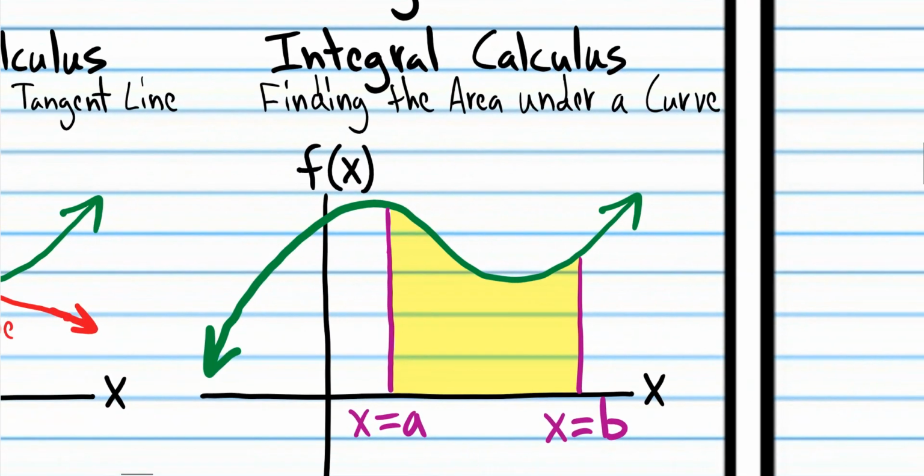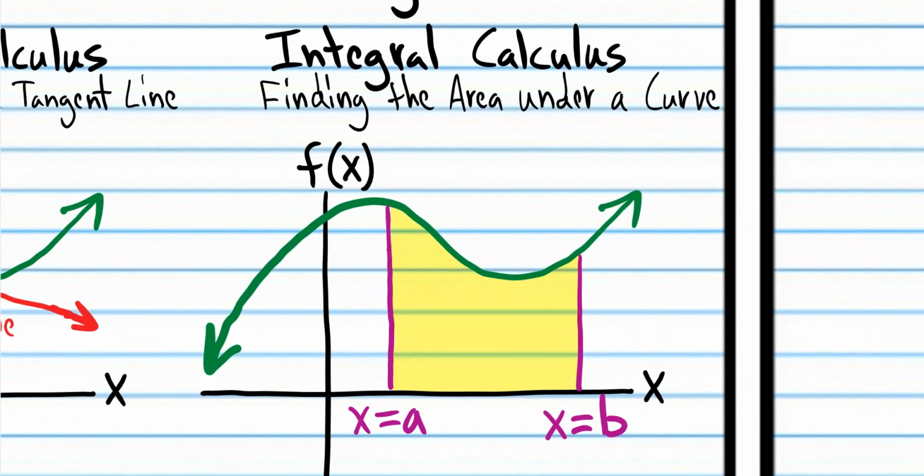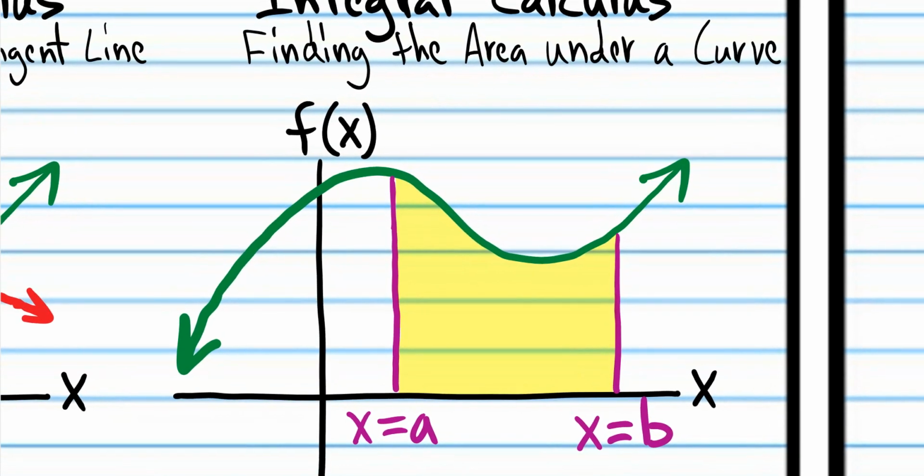Now, area is measured in square units. Square centimeters, square inches, square miles. What you try to do is draw a bunch of squares and then figure out how many squares can fit in a region, and that tells you what the area is. The problem is, with this graph, we have a curve, and squares have sharp corners to them.